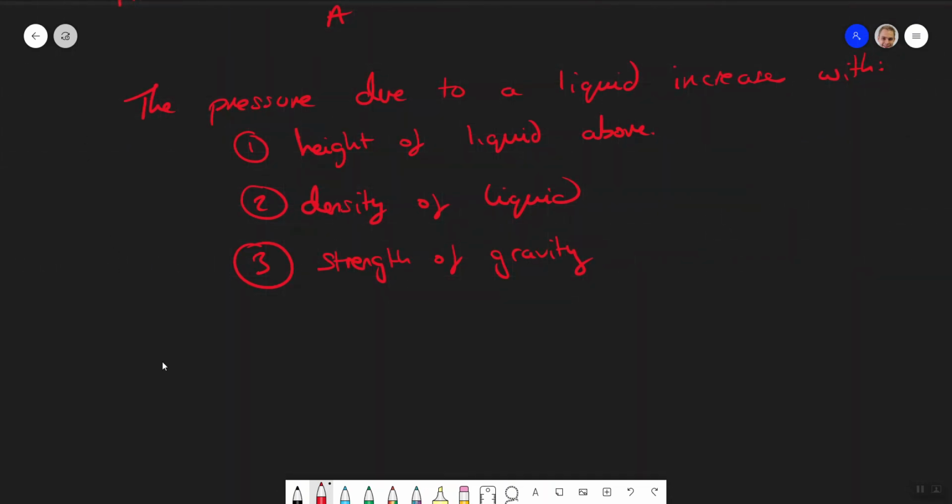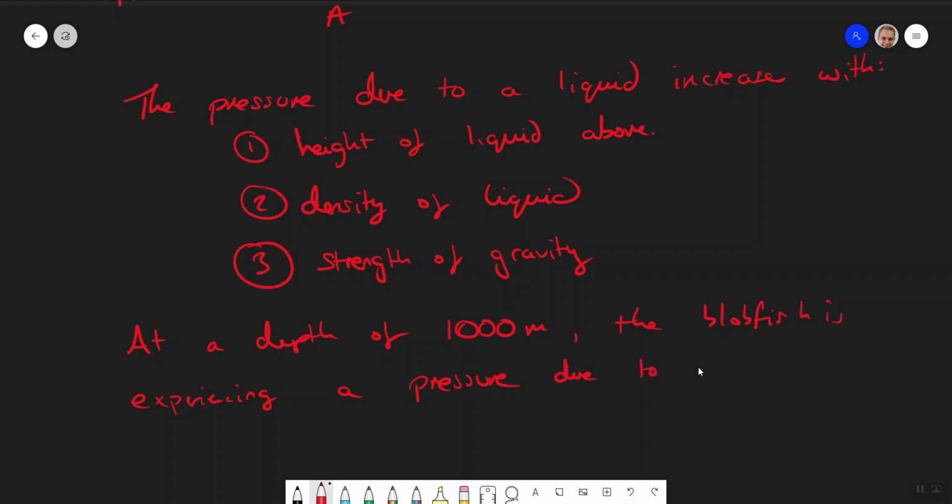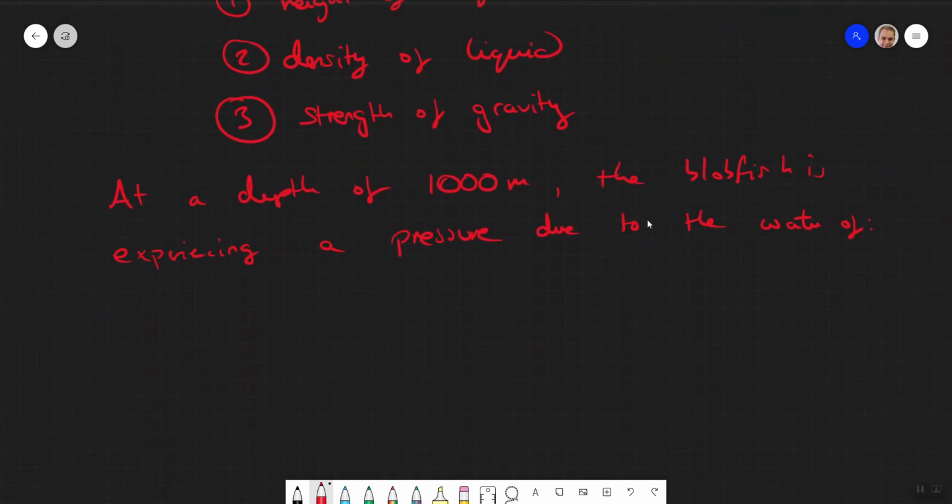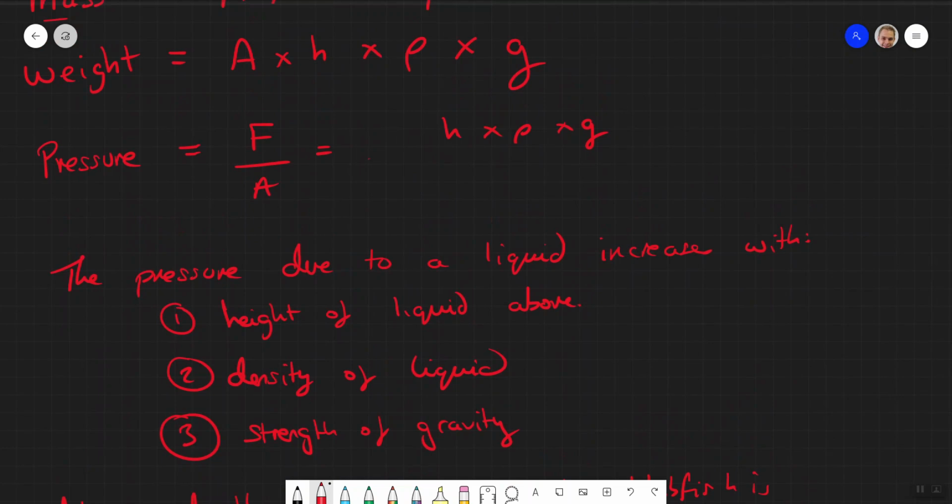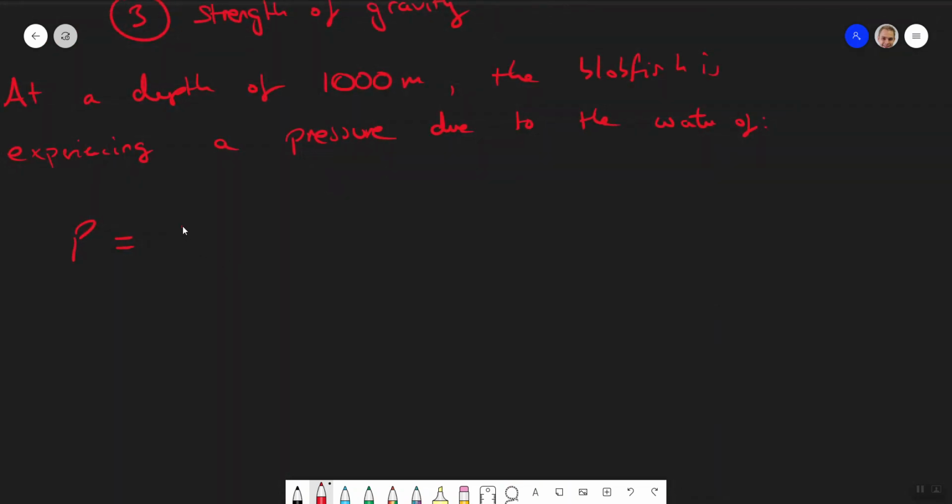So if we say at a depth of 1,000 meters, the blobfish is experiencing a water pressure of, so pressure is equal to, how have I written it, just height times density times gravity.